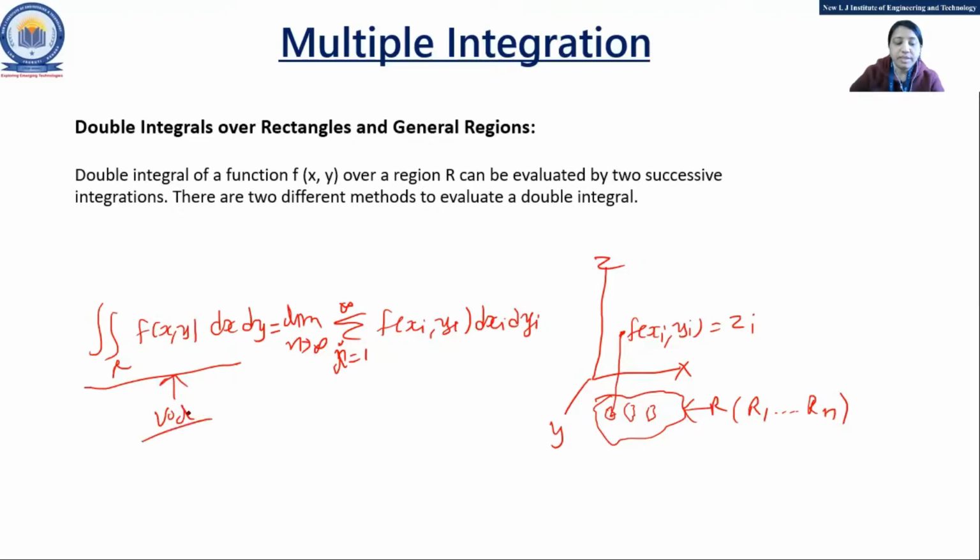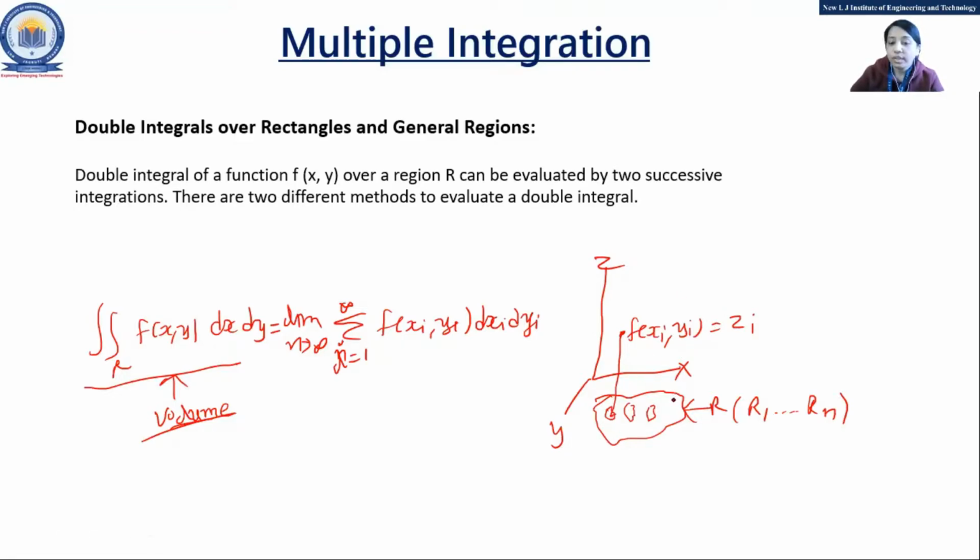So normally the use of multiple integration is that some bounded area is there and we need to find out the volume of that. It will be divided into small regions. Take a point parallel to that, apply the limit concept and you will have some point zi.